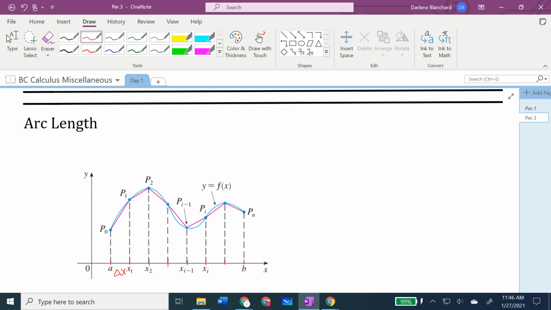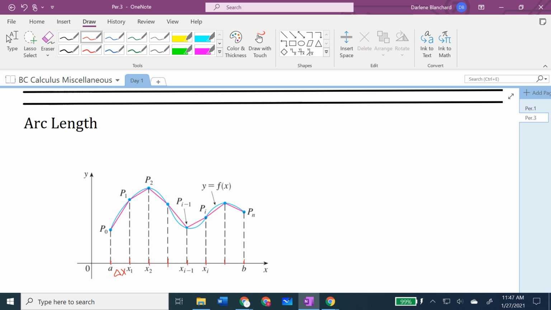And you can probably imagine these delta x's becoming smaller and more of these points coming into play. And as more points come in, when you add up all these straight lengths, you're going to get a better and better approximation of the actual distance.